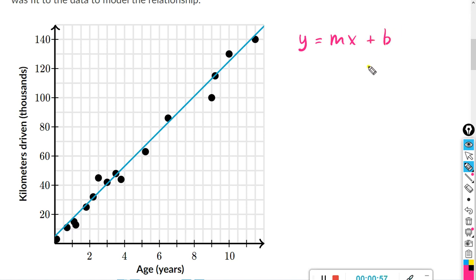So m is your slope, and b is your y-intercept. That is the value where the line intercepts the y-axis.